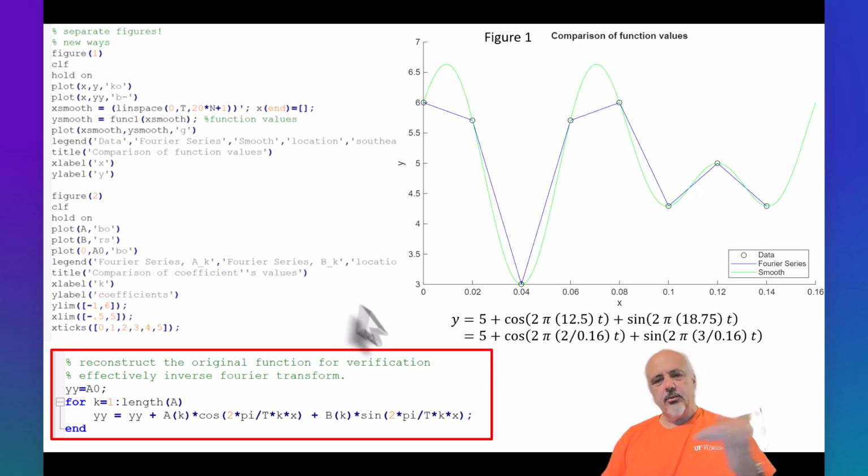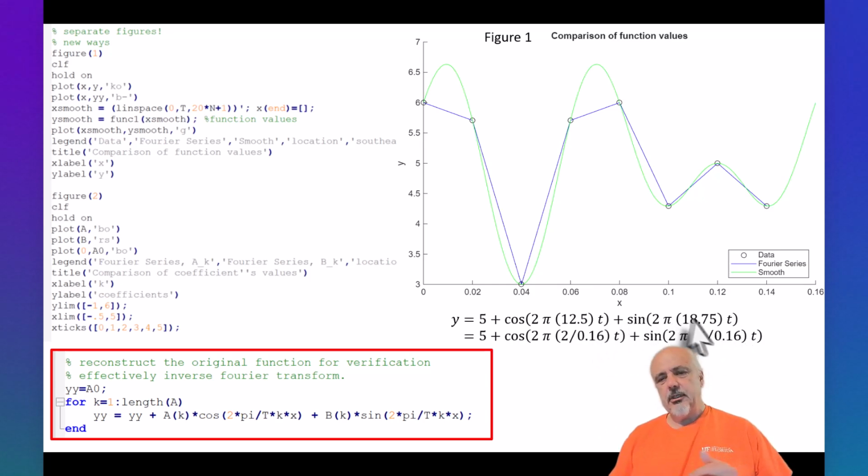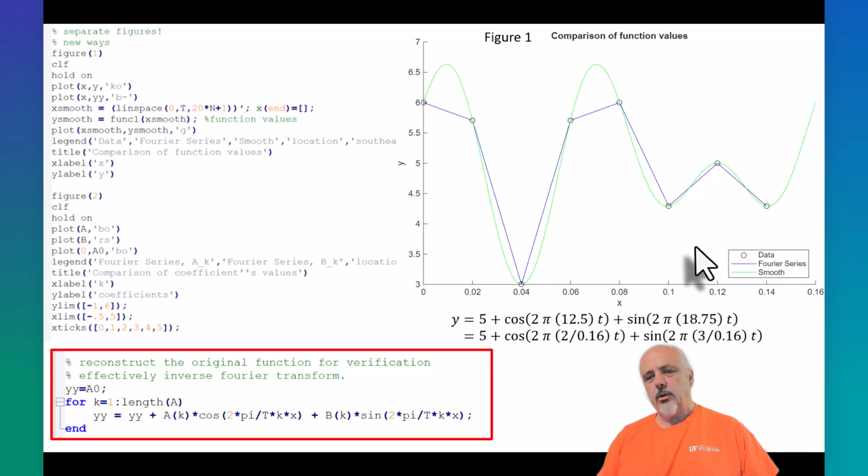So that is representing the function 5 plus cosine of 2 pi 12.5 t plus sine of 2 pi 18.75 t. So when t is 0, we're going to be starting at 6 because that's going to be a 1, that term. We start there, and then we go through the normal periodic function here.